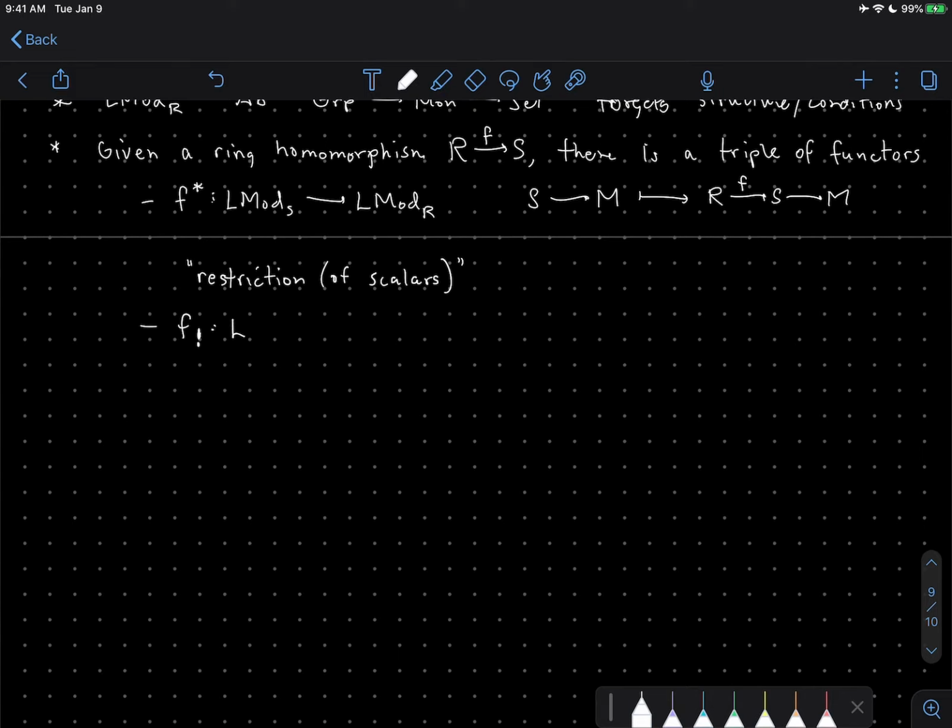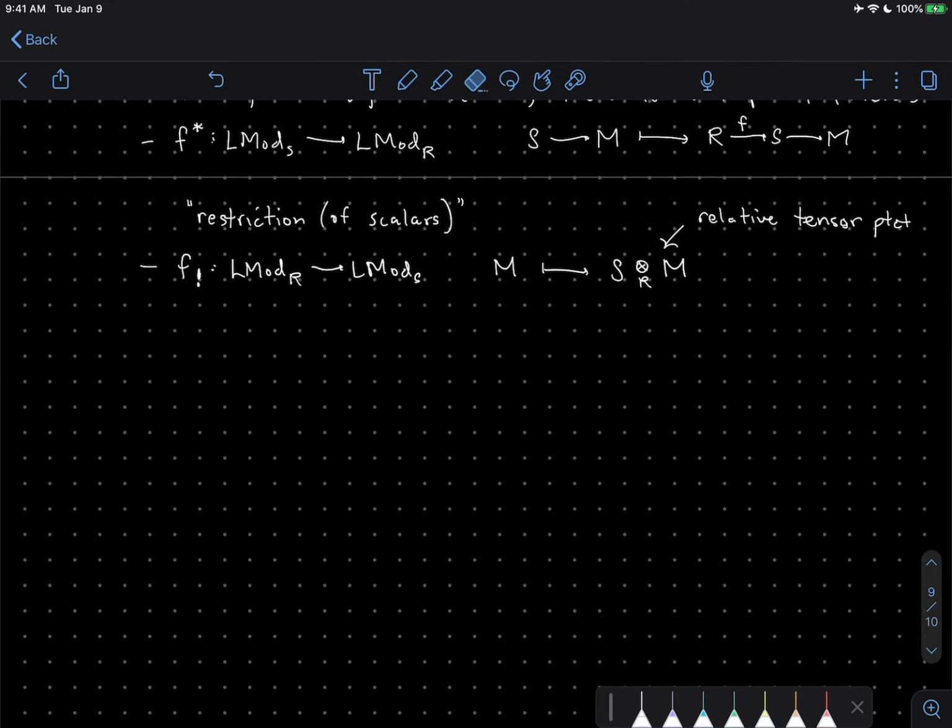And this goes from L mod R to L mod S. And this takes an R module, a left R module M, to the left S module S tensored over R with M. So this is the relative tensor product. I'll just write that out.